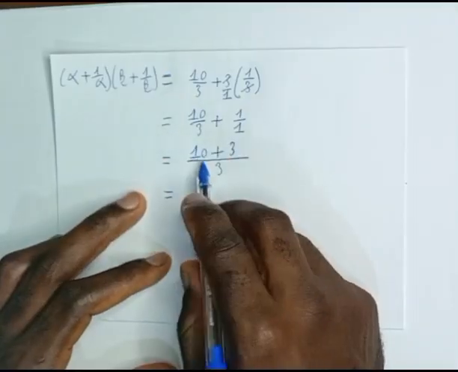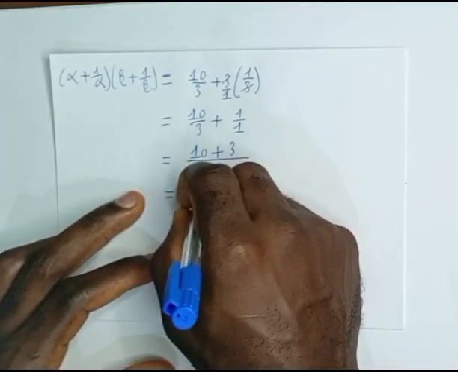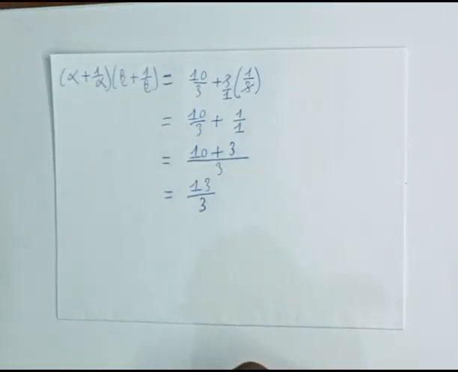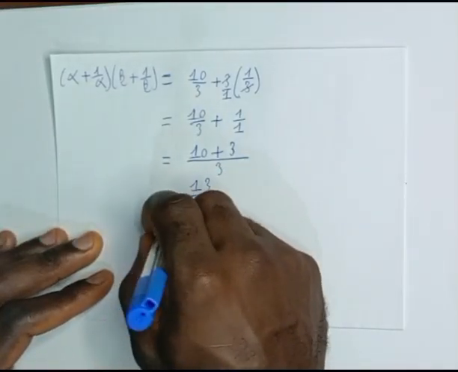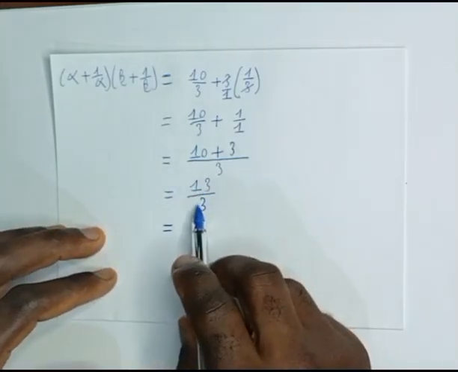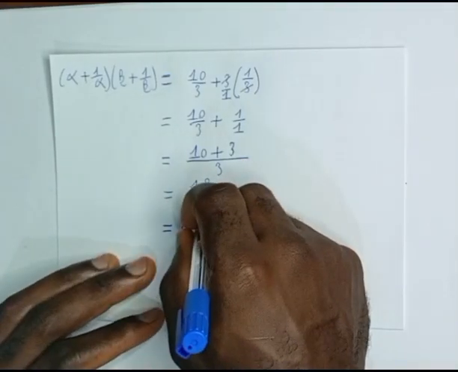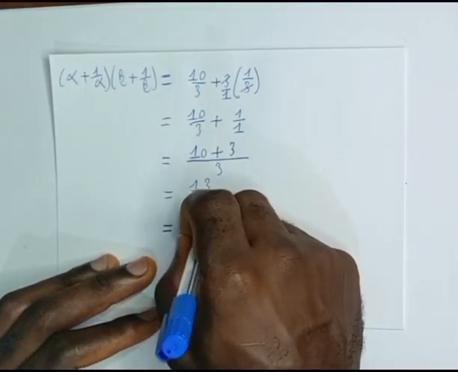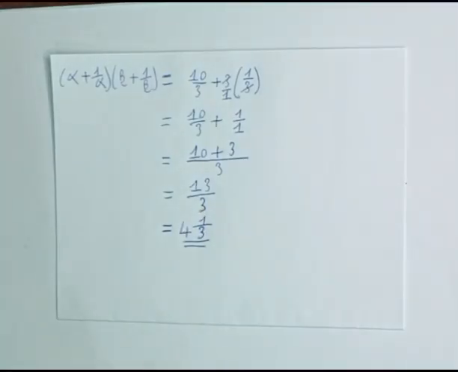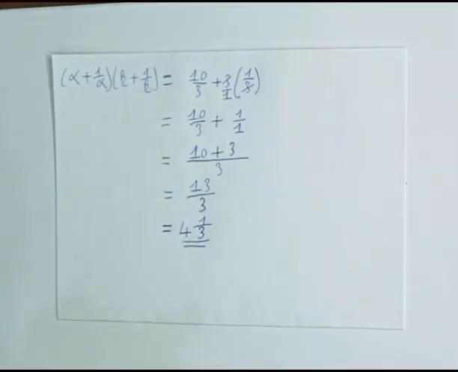This will simply be equal to 10 plus 3 gives us 13 all over 3. 13 over 3, we can express as a mixed fraction. 13 divided by 3 gives us a whole number part of 4, remainder 1. So this will give us 4 and 1/3 as the value of this product.